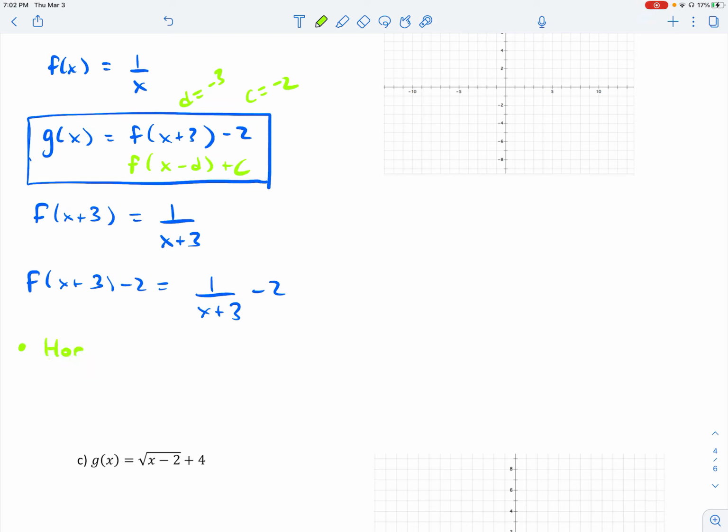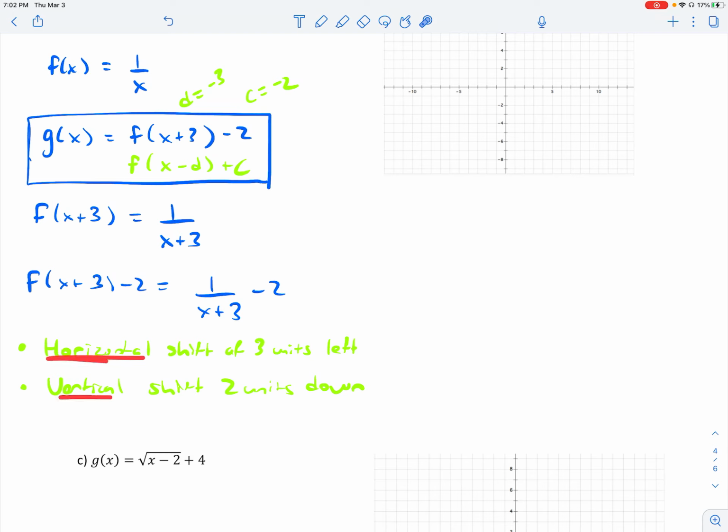So let's state those. We can say there must be a horizontal shift of 3 units left, and there must be a vertical shift 2 units down. Notice how I keep this consistent.